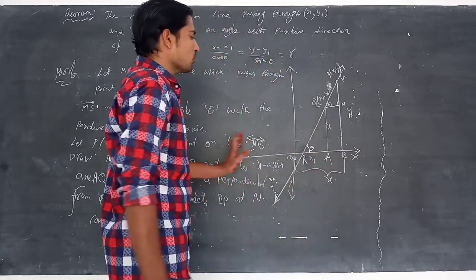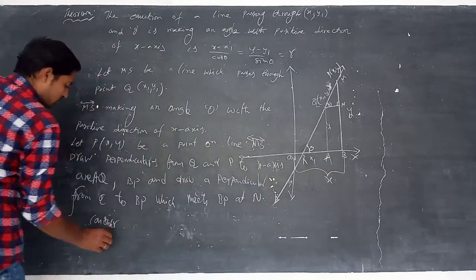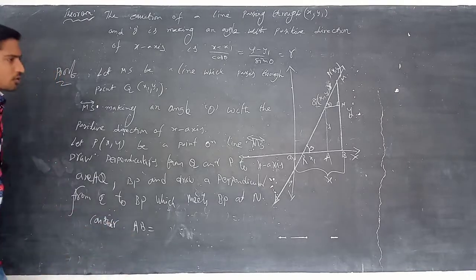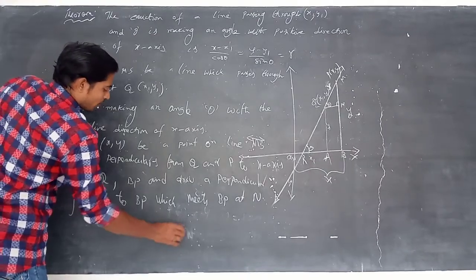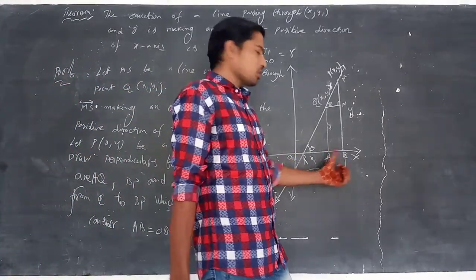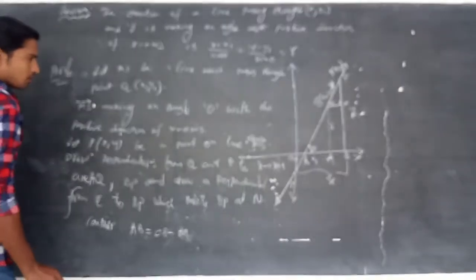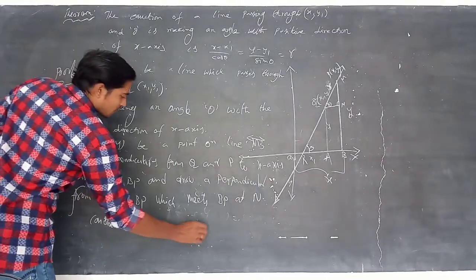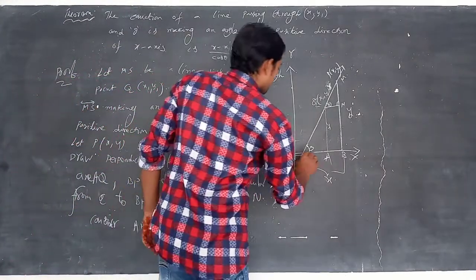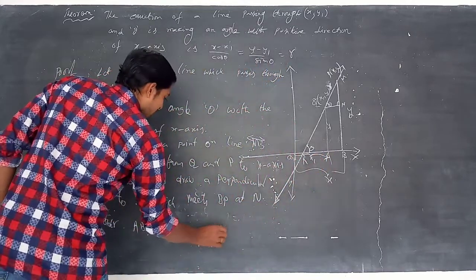AB is equal to OB minus OA. Are you understanding or not? Take the total and cut only OA, you get the AB value. OB is x and OA is x1, so AB is x minus x1.